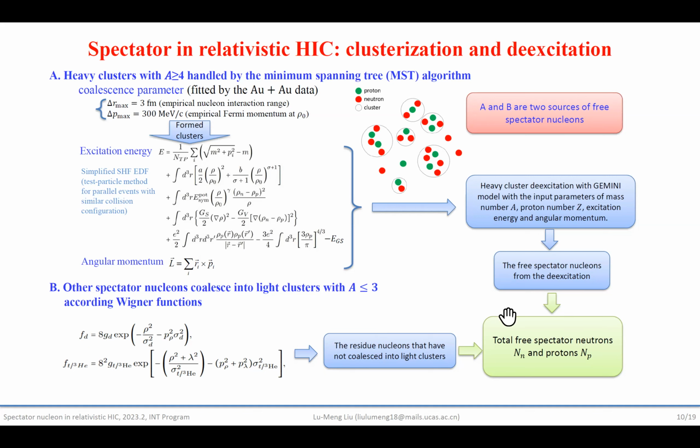And so now we have the total free spectator particles that can be measured experimentally. They come from these two sources: the de-excitation of the heavy clusters and coalescence from the free nucleons.